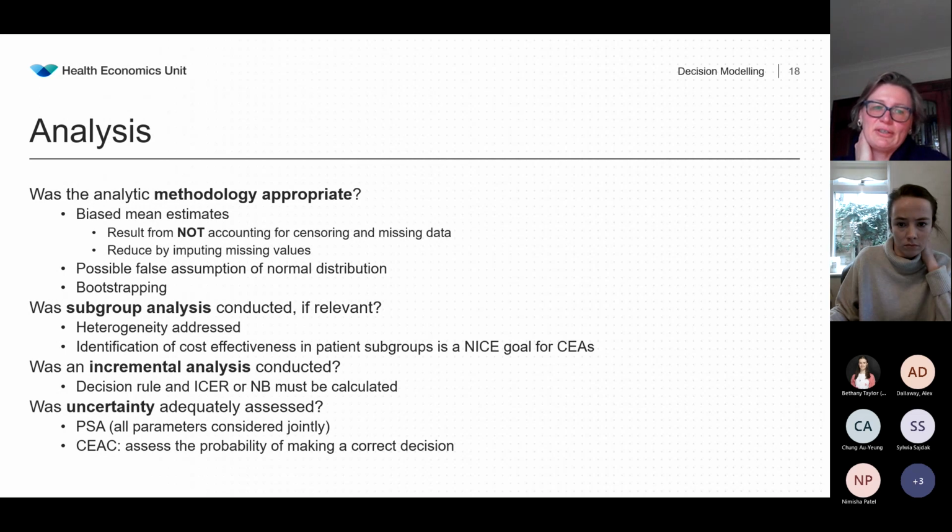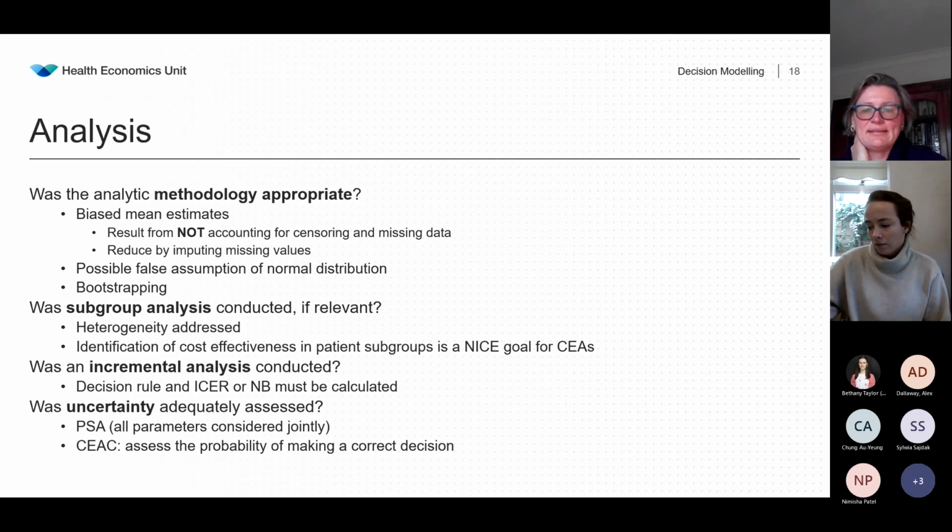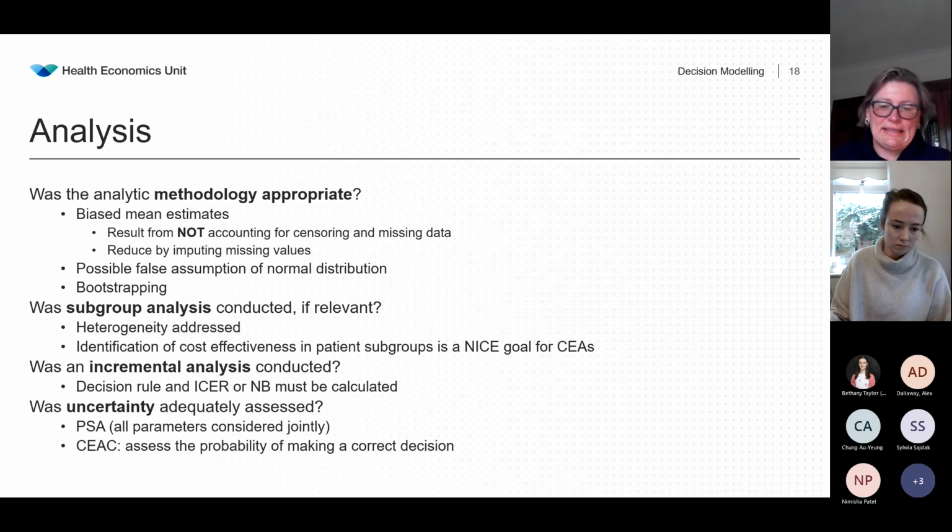And then in economic evaluations, we do the incremental analysis and assessing the uncertainty. And uncertainty is really key, and it relates to whether a given policy problem would incorporate the fact that there is a probability that a decision may not be a correct one.